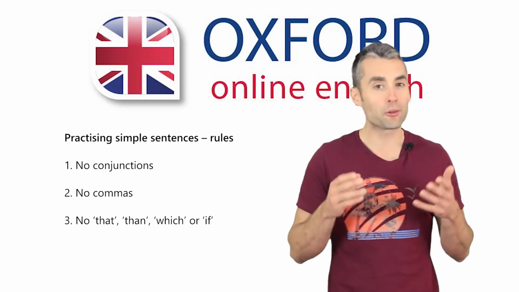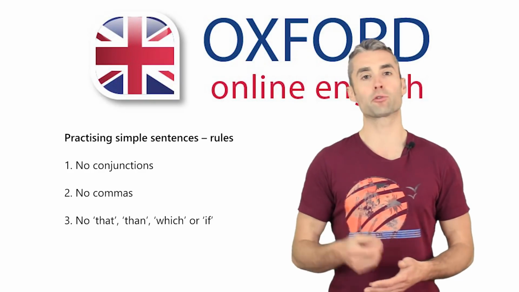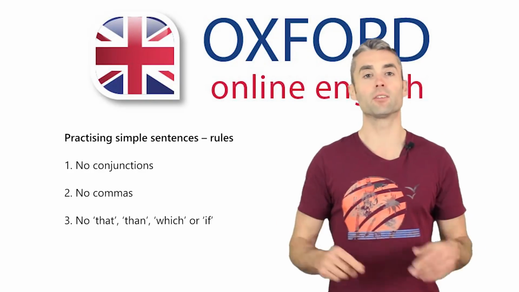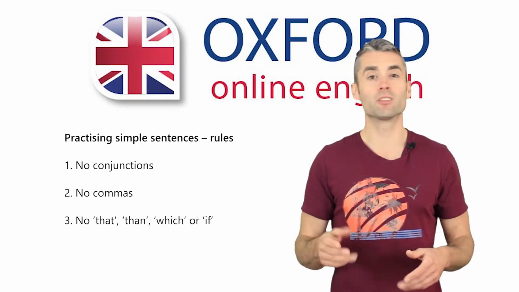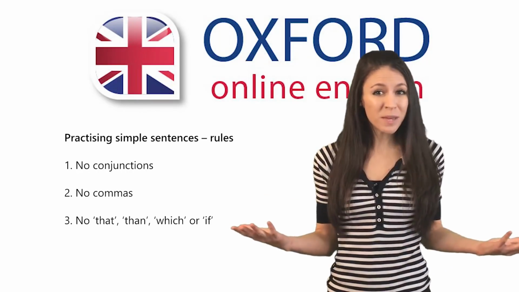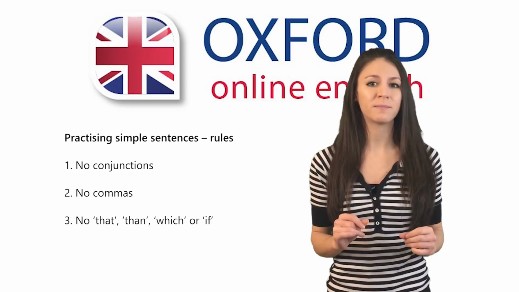Although we're talking about simple sentences, you need a lot of grammar knowledge to get through this. You need to be able to use all common verb tenses, modal verbs, prepositions, articles, and more. However, don't be impatient. This step is the foundation of your preparation.